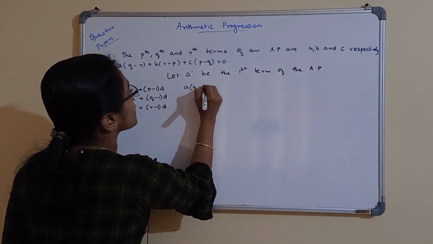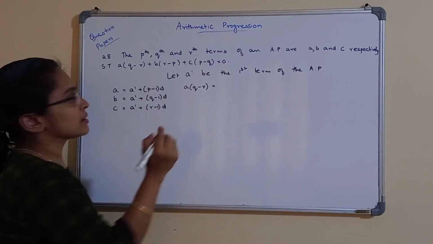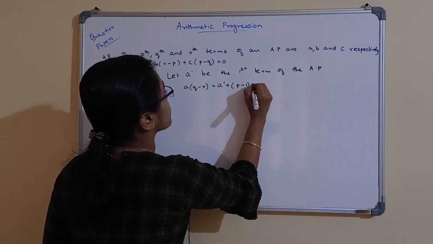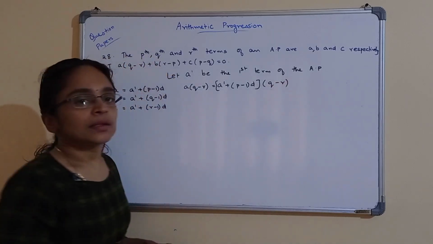a(q - r) is equal to this into (q - r), which is (a' + (p - 1)d)(q - r). Right?